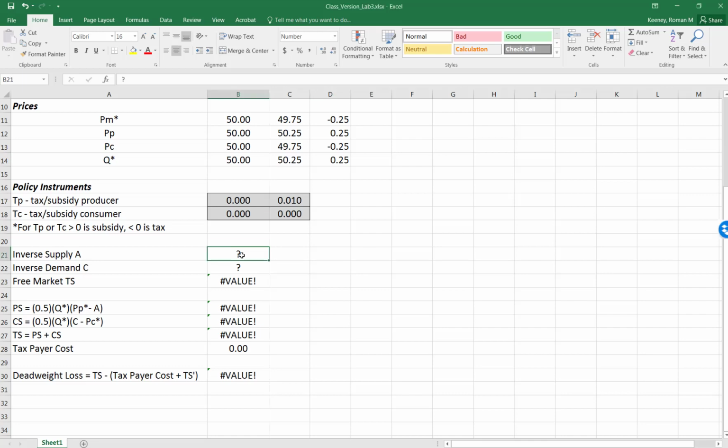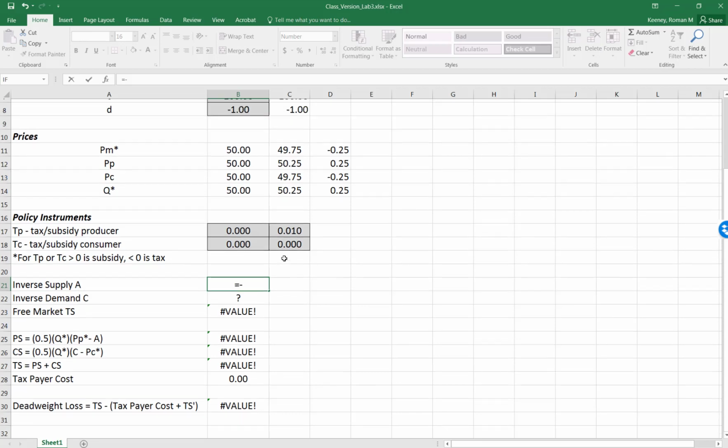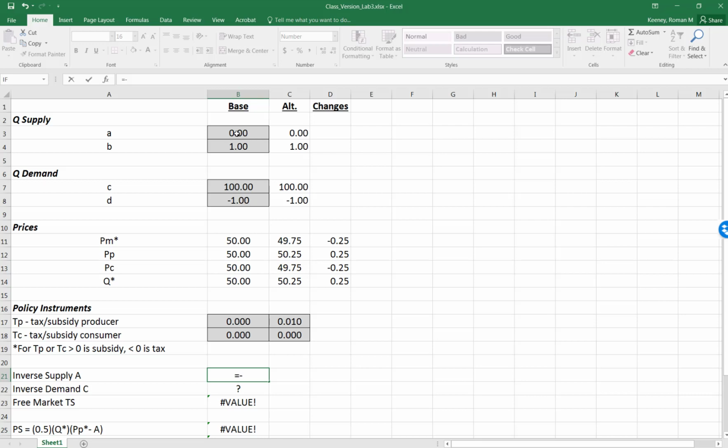Okay, I didn't ask much of you here, it looks like. I just want you to put formulas in for A, capital A, and C, and so we can do that now. Let's go with equals. Remember, there's a negative sign that we have to include, and then just grab the parameter A and divide by the parameter B. Okay, so it's negative B3 divided by B4.